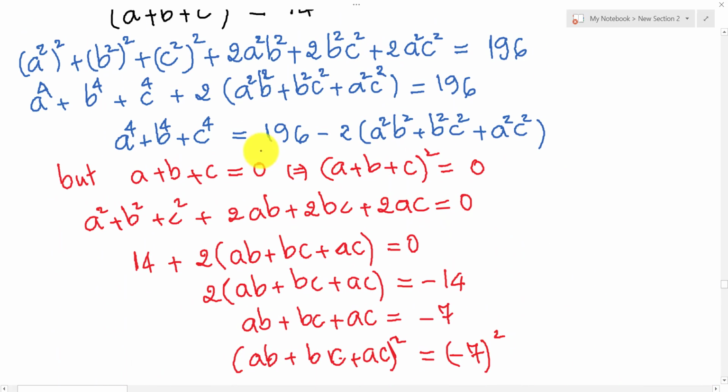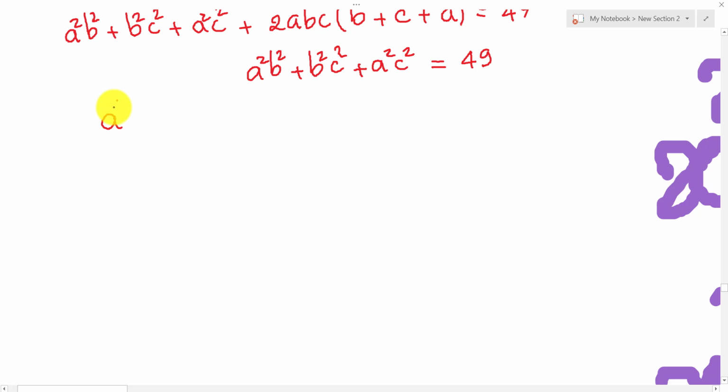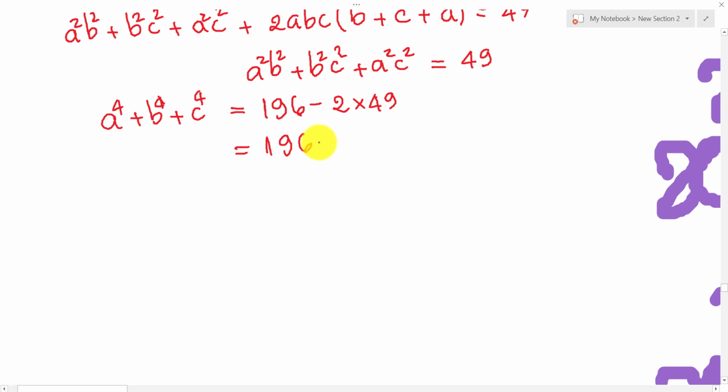So we can find the value of a power 4 plus b power 4 plus c power 4. We replace it by 49. So I get a power 4 plus b power 4 plus c power 4 equals 196 minus 2 multiply 49, which equals 196 minus 98, so it equals 98.